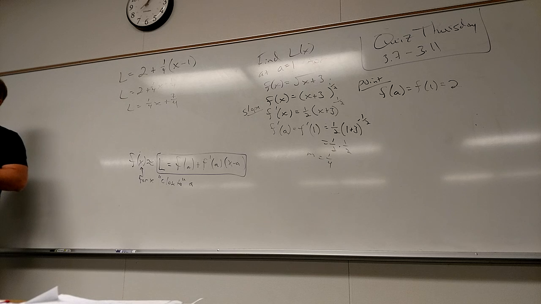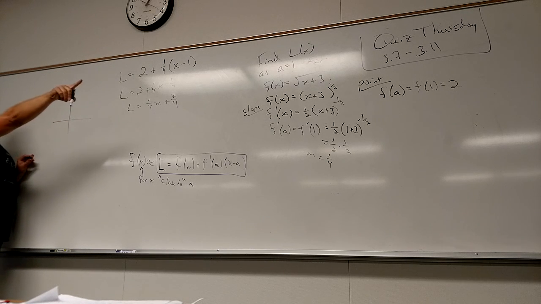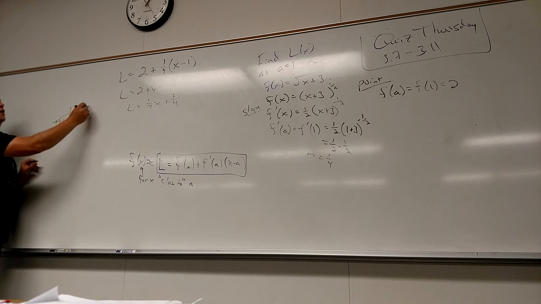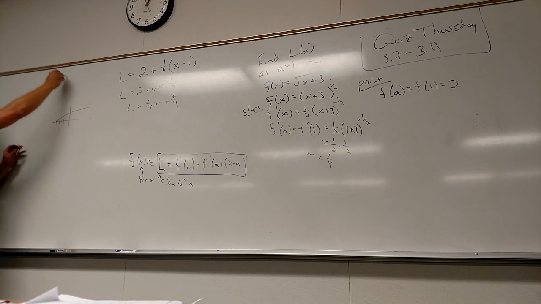Now let me ask you, is the square root function well behaved? You know what I mean by that? Is the square root function nice and smooth? Think about what it looks like. In this case, x plus 3, so it's going to start back here.